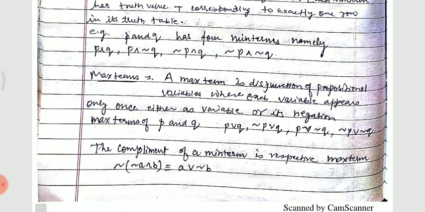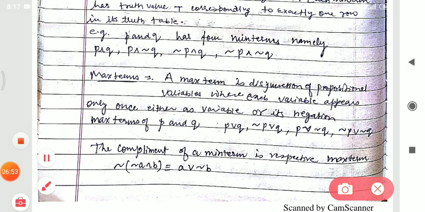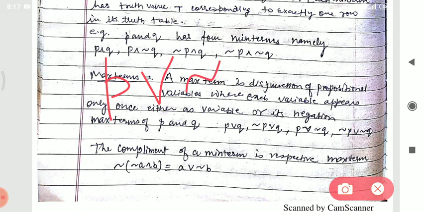Similarly, max terms. Max terms means fundamental disjunction. The same concept applies. You don't have to take P or negation P. This is not a max term. Max means maximum. Maximum means the either-or case, either or meaning disjunction.